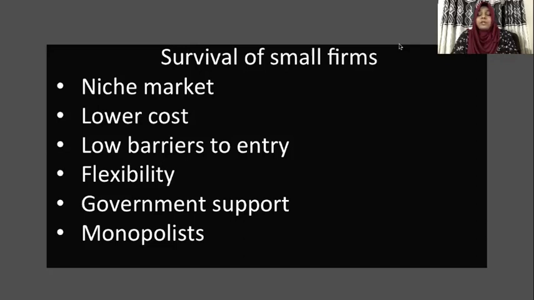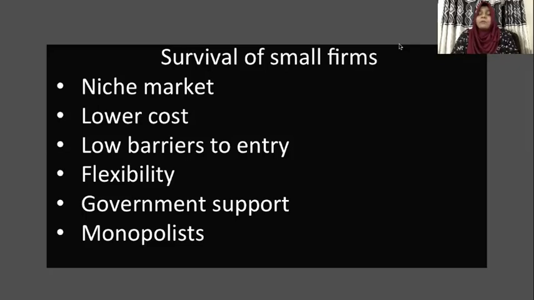Apart from that, small firms are also provided with government support. Government will sometimes provide financial support, like subsidies. In addition, tax relief and tax incentive schemes can be given to small firms. As a result, their cost of production will be lower, hence they can survive.